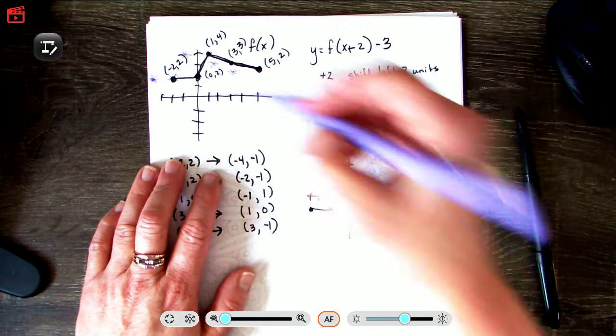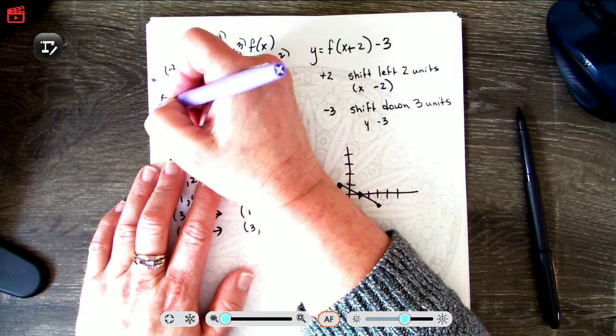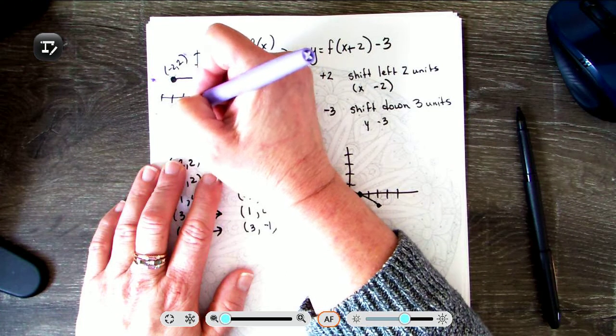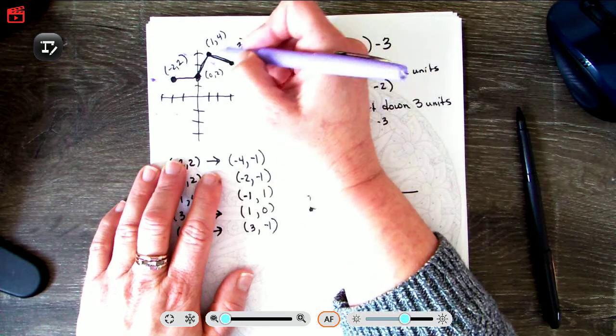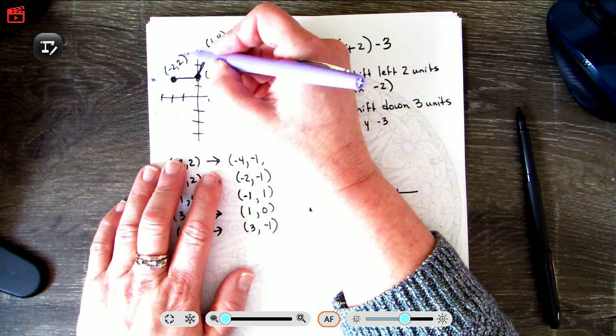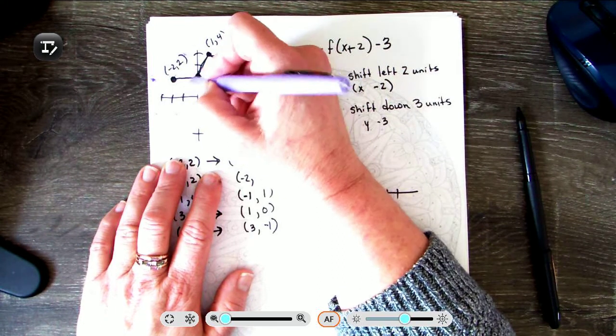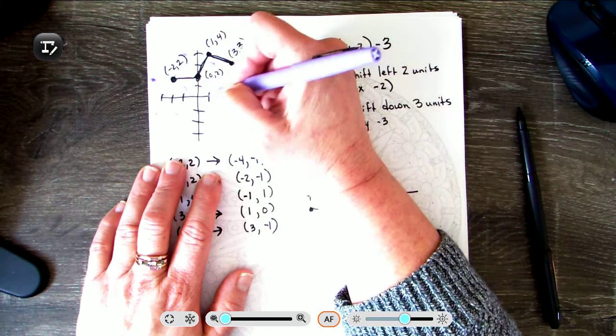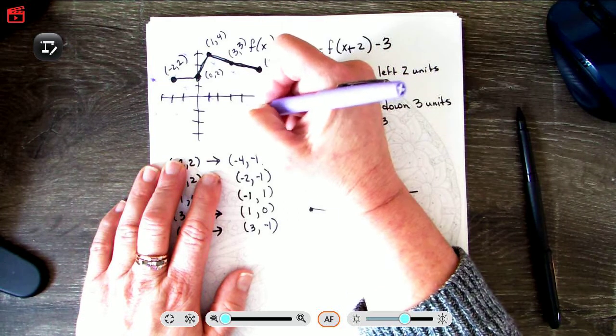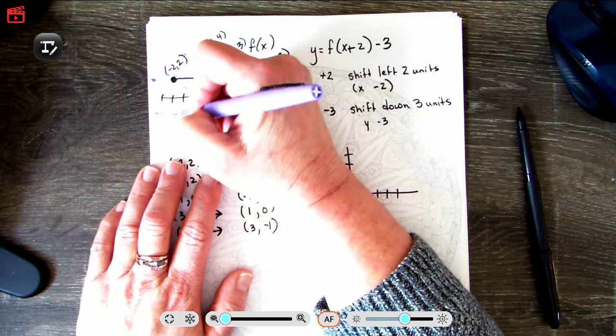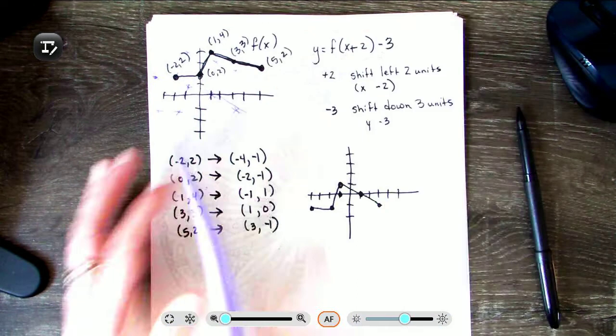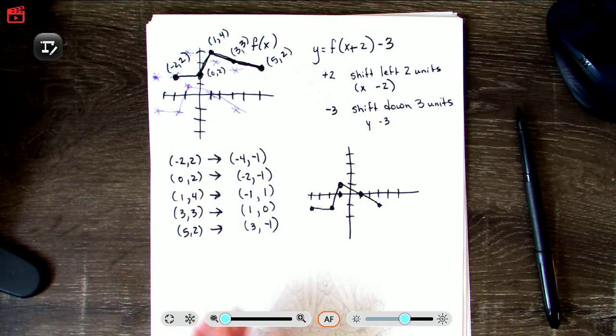And then we need to go down 3. So down 3. This guy, down 3. Down 3. And then down 3. And then connecting my new stars. I don't know if you can see that. Probably not real well.